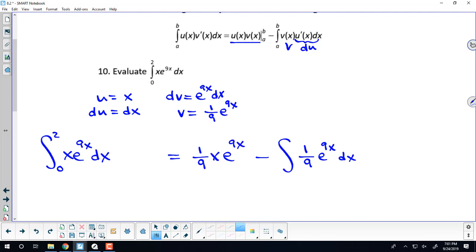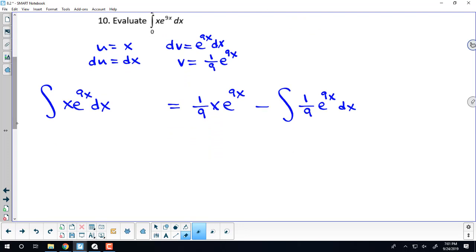So then, to be a little more technical, let's take off the bounds initially. So we're just finding the antiderivative. Okay. And what's the antiderivative of 1/9 e to the 9x?